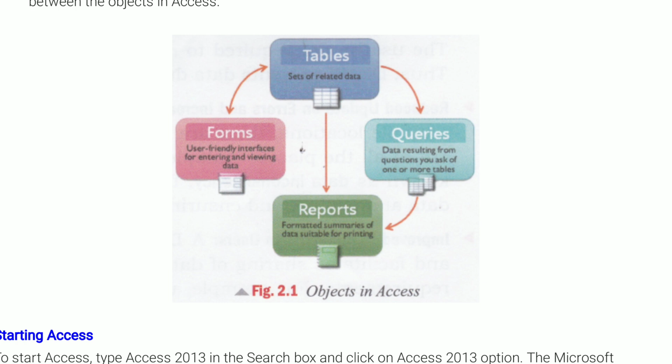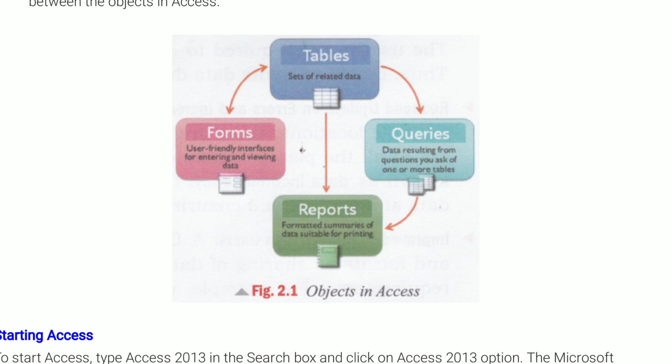If we have to create a form, there must already be a table through which we can connect this form with the table. If we have to access the data using the form, there must be a table already created. If we have to enter any data through the form, there must be a table where the data is to be stored.